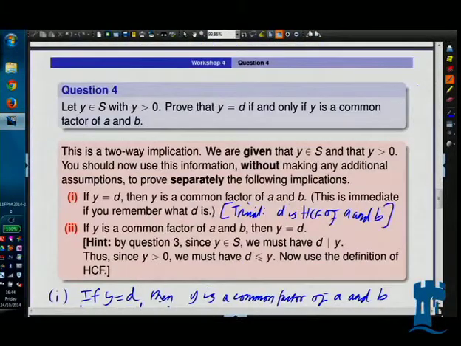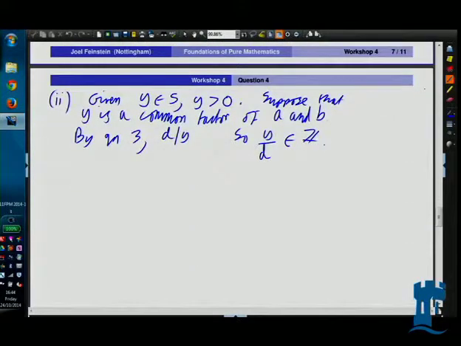But y greater than 0 and D greater than 0, so y over D is actually a natural number. I'm really going around the houses. What I'm trying to say is y over D is at least 1.